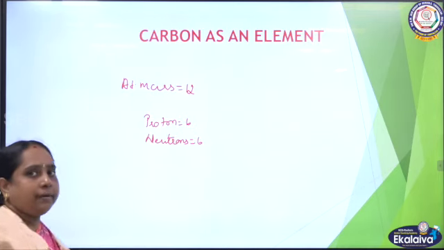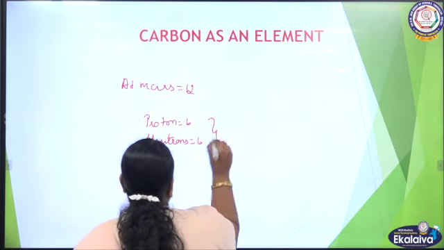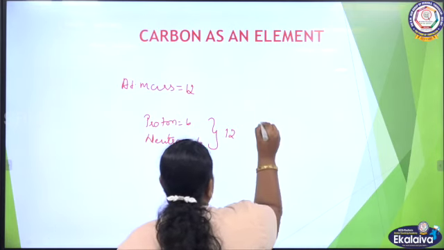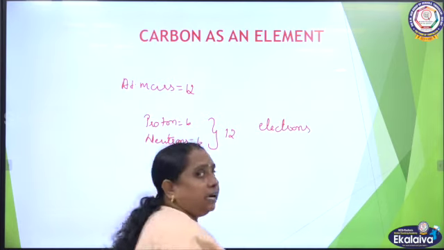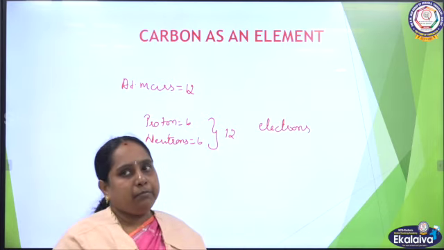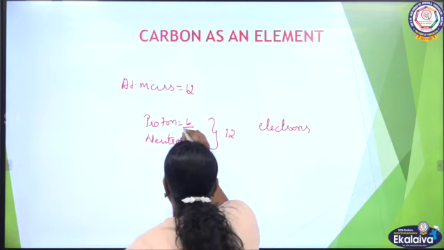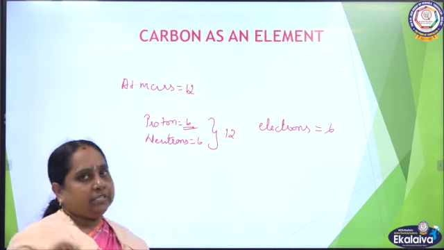So the nucleus of the carbon atom contains 6 protons and 6 neutrons, so that the mass of carbon is 12. And the number of electrons is the same as protons, because for an element the number of protons and the number of electrons will be the same. As it contains 6 protons, it has 6 electrons in the orbits.